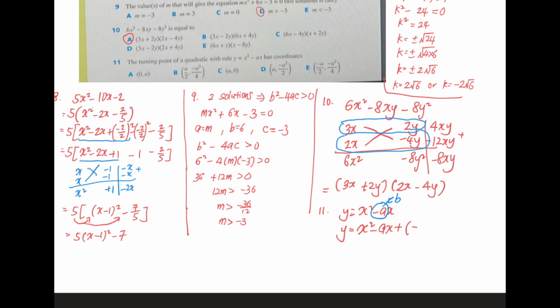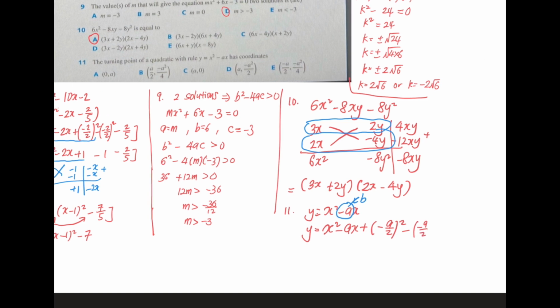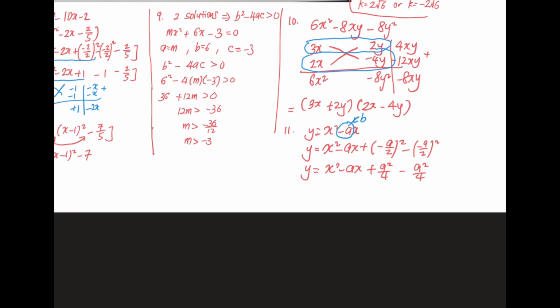This is our b, which is negative a. So negative a over 2 squared minus negative a over 2 squared. Then I simplify it: x squared minus ax plus a squared over 4 minus a squared over 4.